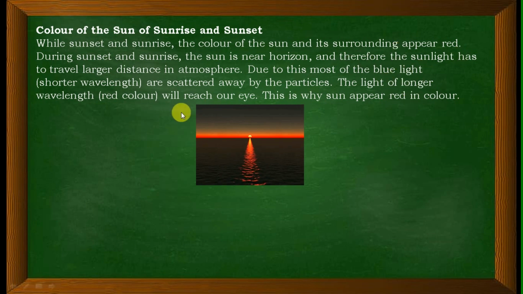Then most of the blue light, what happens, it goes away. So up above, when it scatters, then you see a blue light, but when it comes near the horizon, the red color travels the larger distance in the atmosphere, and because of that what we see is the red color. Okay, and most of the blue light is scattered away by the particles. The light of the longer wavelength will reach our eye. This is why sun appears red in color.